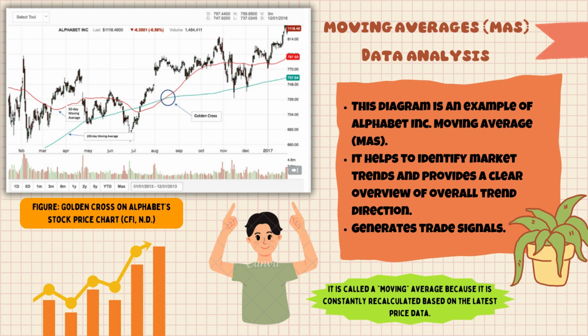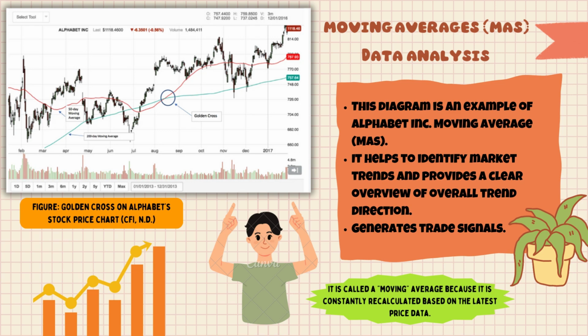So the trends can be very useful for us investors as we'll be able to manage and understand more of the price movements and when the trends are usually high or low. Another thing is that it's called moving averages because it's constantly recalculated based on the latest price data. That is also a fun fact.